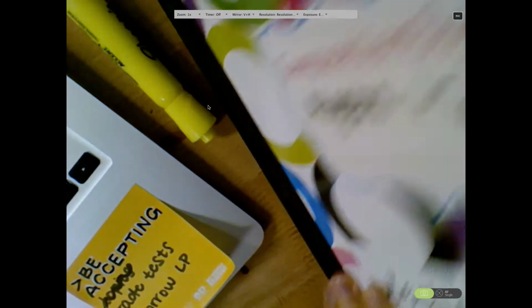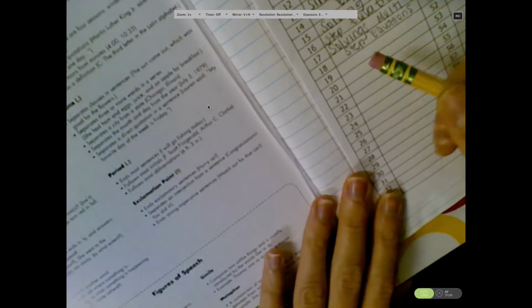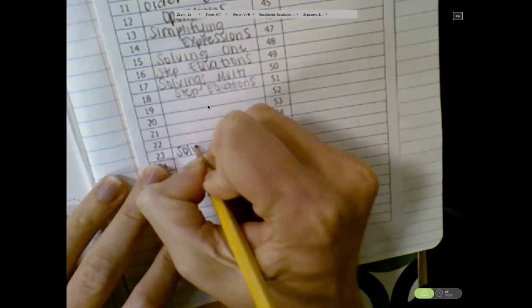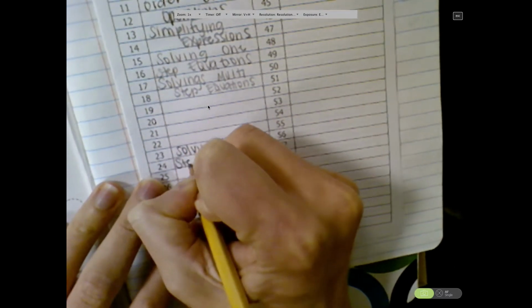So, again, pages 23 and 24 of your composition book, you can title that, just like on the board right here, Solving One-Step Inequalities.